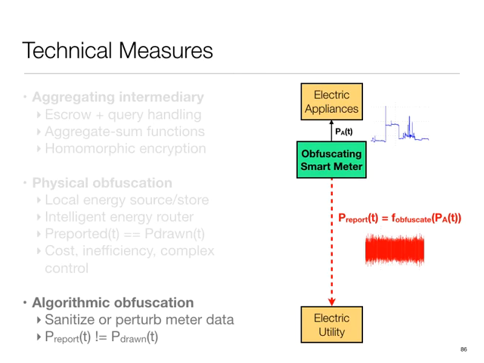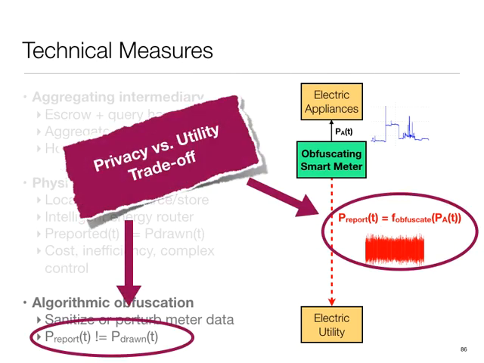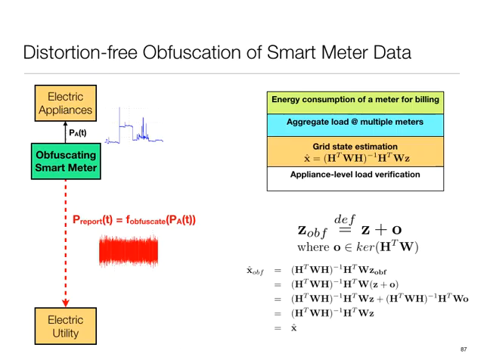A lot of people have done work on problems of this nature, but it's a classic case of privacy-utility trade-off: I have some functions that I want the utility to be able to compute, but other functions I want to hide from the utility. So how could we achieve this?